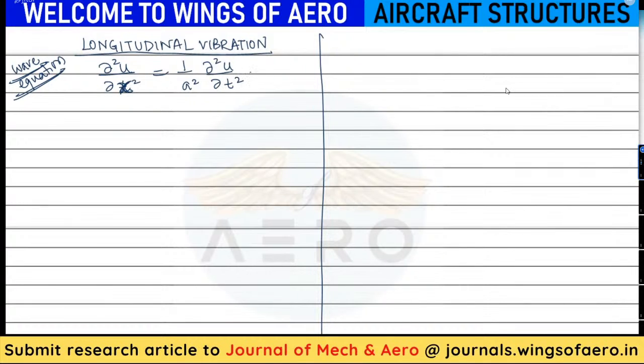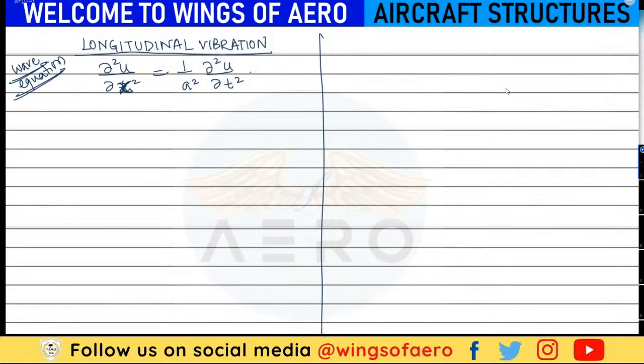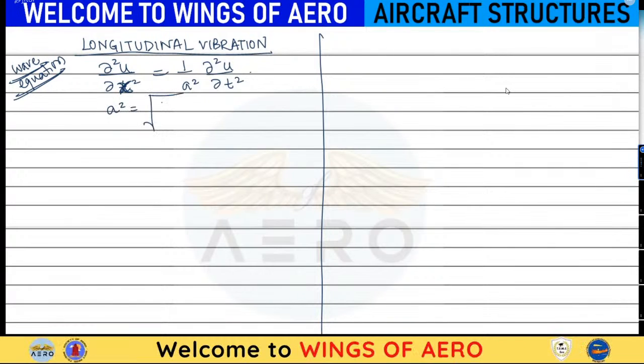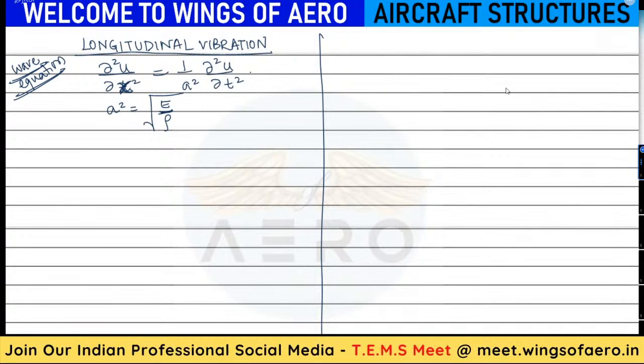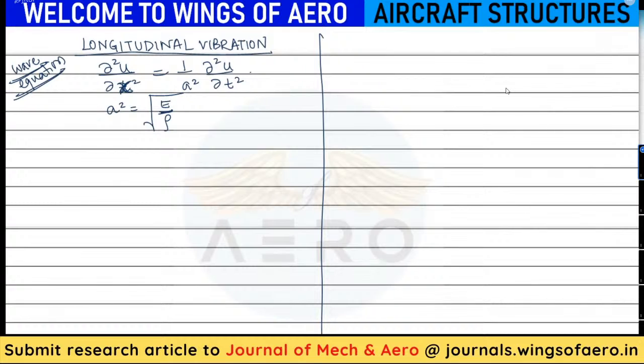This is the wave equation, where a equals root over E by rho. What is E? E means Young's modulus of the beam, that is, the material of the beam, and rho means density.